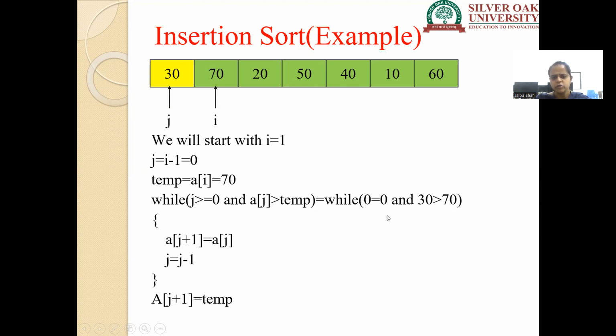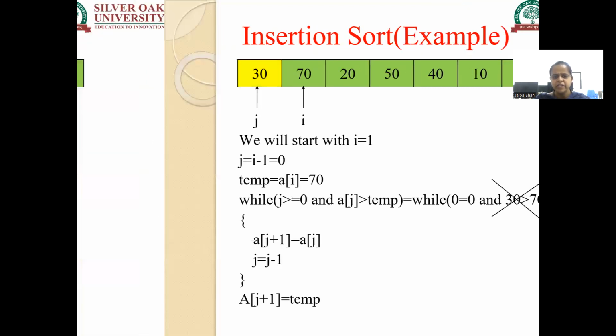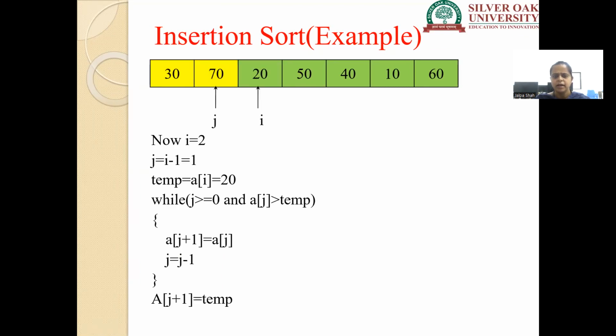J is 0, so 0 equals 0, and A of J is 30 and temporary is 70. So the body would be A of J plus 1 equal to A of J, J equal to J minus 1, and then A of J plus 1 equal to temporary. Here you can see that the condition becomes false. So simply we need to increment the pointers J and I both.